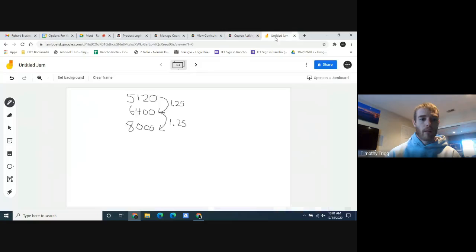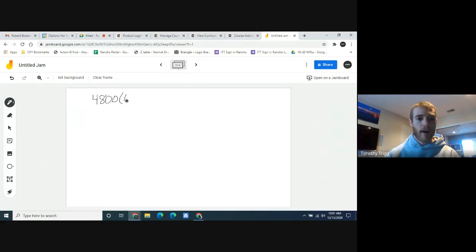So our function is 4,800 times 1.5, and we're going to replace x with the number of weeks. So in this case, 5 weeks. And let's figure out what that is. Now, when we're calculating this, you want to do the exponent first, before multiplying, just following the order of operations.